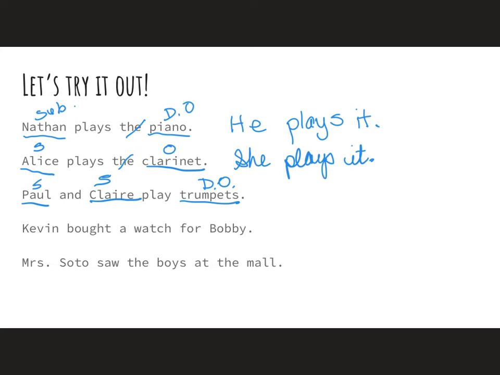Paul and Claire. Is that singular or plural? It's plural. There's two people. Looking at our chart, we would look for the subject and then look under plural. They. They play trumpets. Trumpets is plural. Look under object, plural, and the best pronoun would be them.